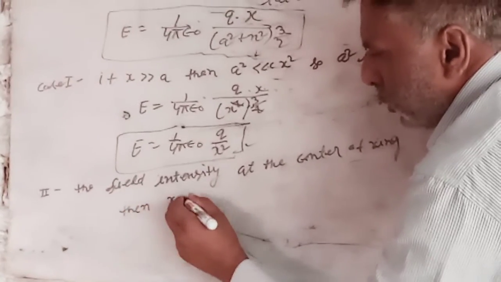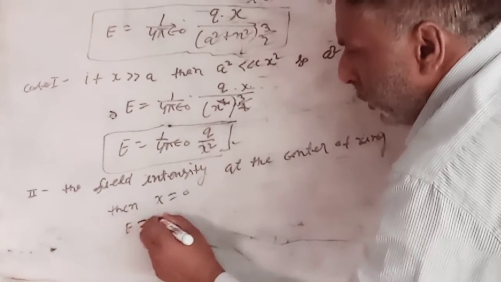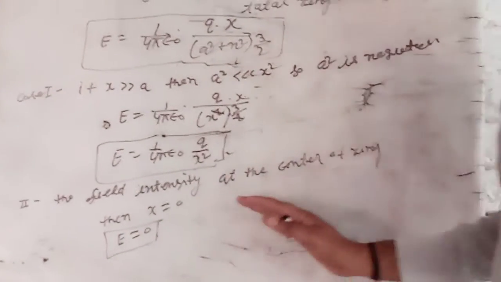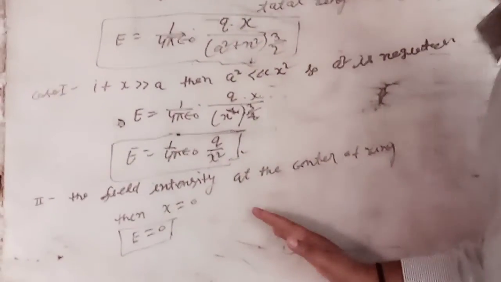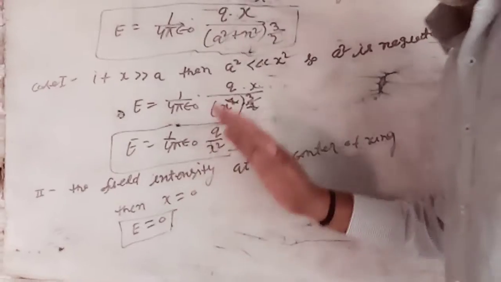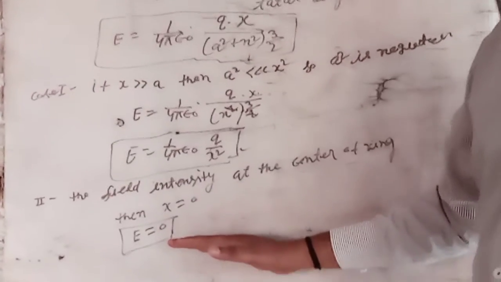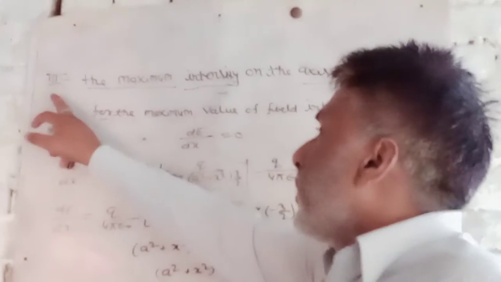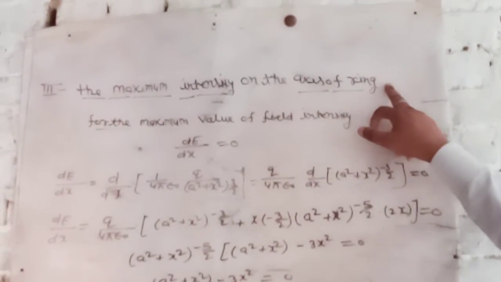Then x is equal to 0, or E is equal to 0. We say the electric field intensity at the center of a uniformly charged ring is always 0. Next, third condition, the maximum intensity on the axis of the ring.